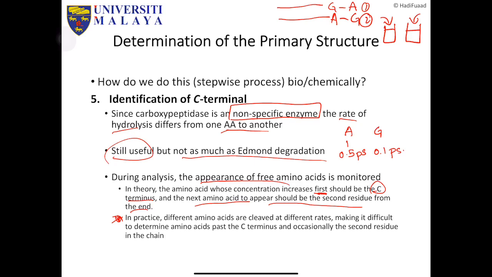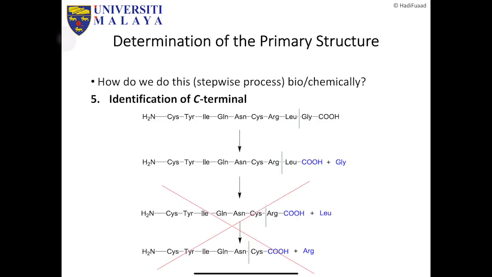So that's a disadvantage. Compared to Edman degradation, where you can cleave off from the left hand side one at a time, for C-terminal identification you can only cleave one or probably two, and then that's it, because this no longer works. The rates are very, very different.